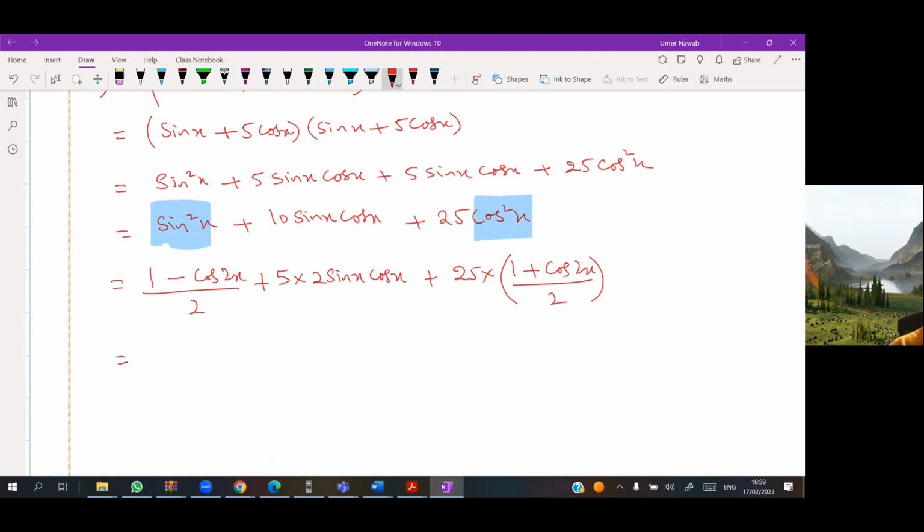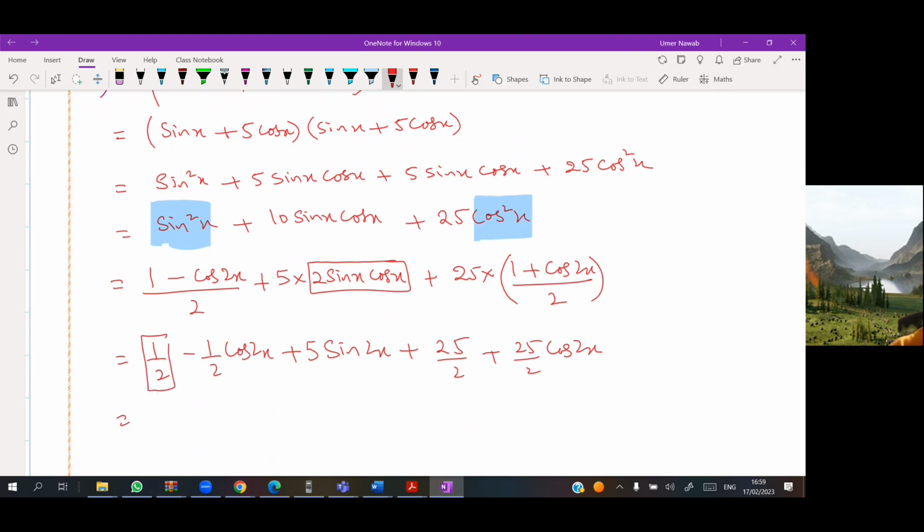Then I'm going to write it as 1 over 2 minus half cosine of 2x plus 5 sine of 2x, and 25 over 2 plus 25 over 2 cosine of 2x.